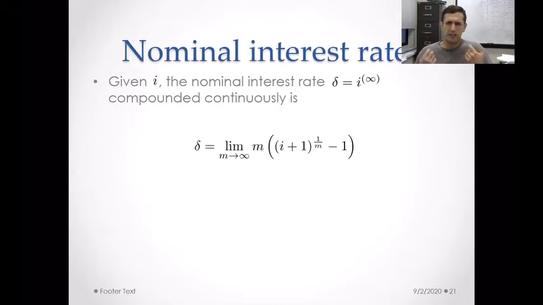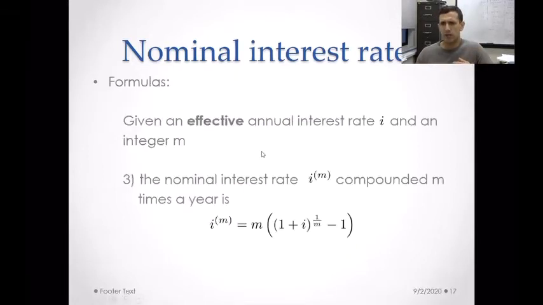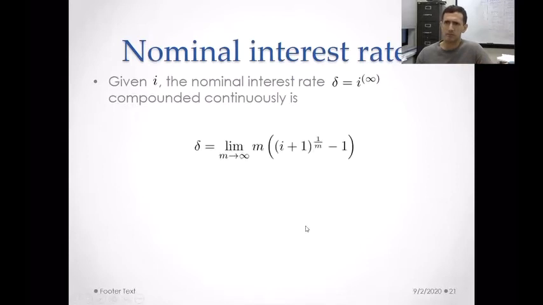By definition, we're going to take this formula for i superscript m and let m go to infinity. Here we're given the effective annual interest rate i.